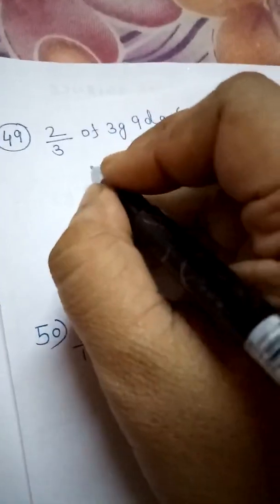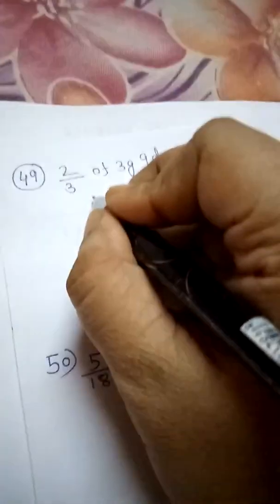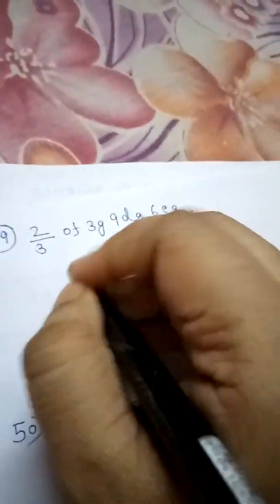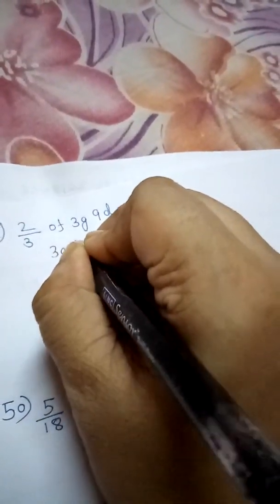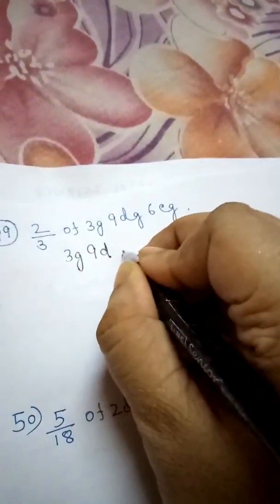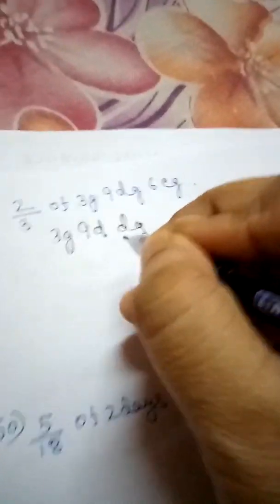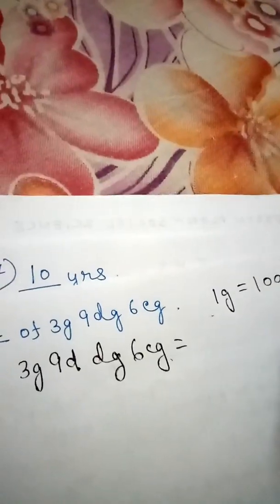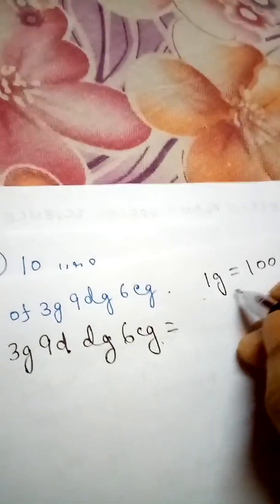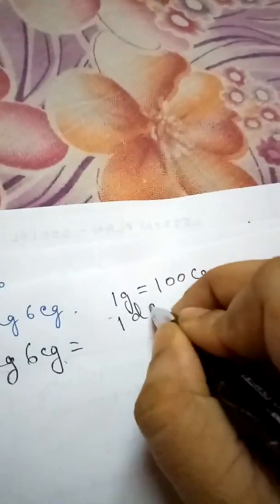So let's do. 3 gram, 9 decigram, 6 centigram equal to, we know that 1 gram equal to 100 centigram and 1 decigram equal to 10 centigram.